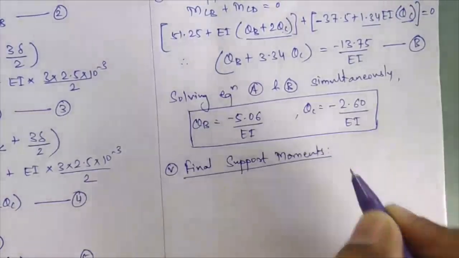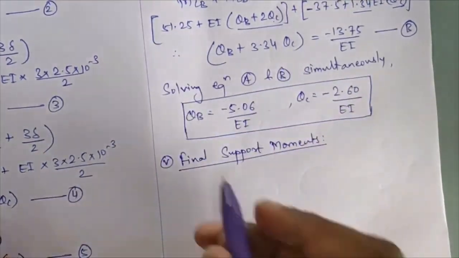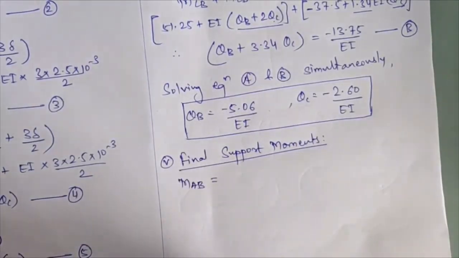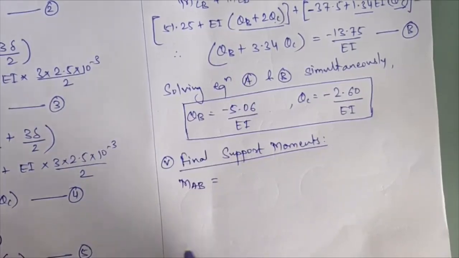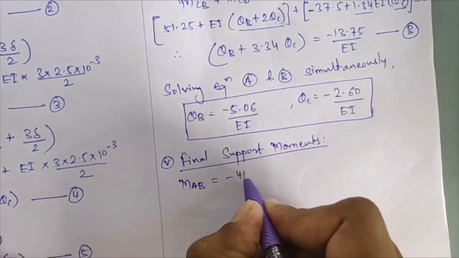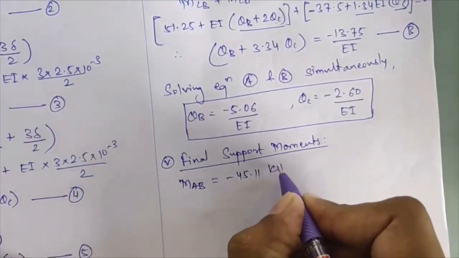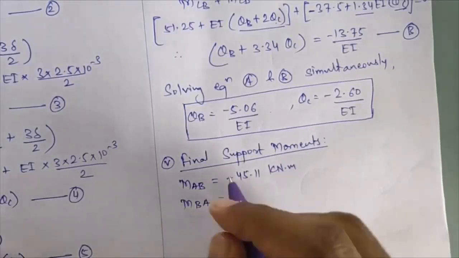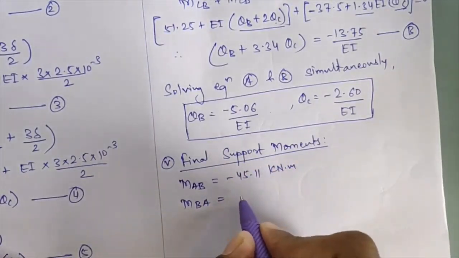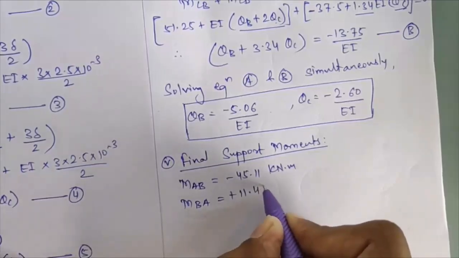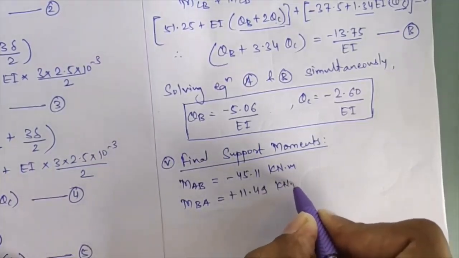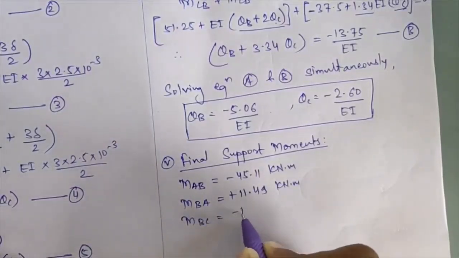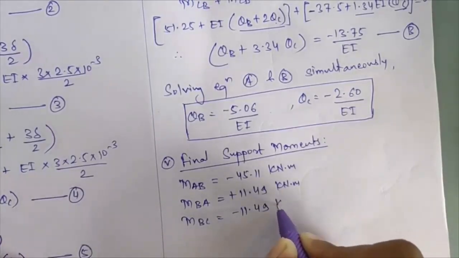Okay, so substituting this theta B and theta C, I have calculated the value of MAB, that will get as minus 45.11 kilonewton meter. You check these values. MBA you have got plus 11.49 kilonewton meter. Next MBC value I have got minus 11.49 kilonewton meter.